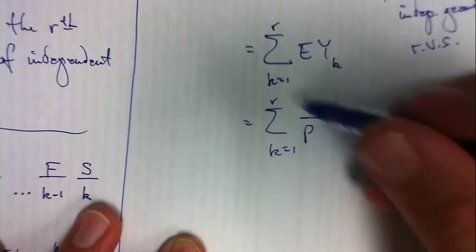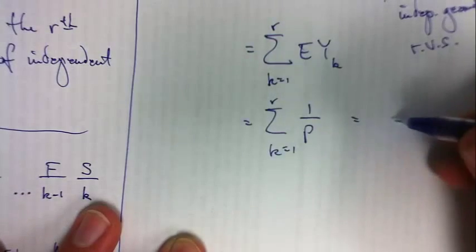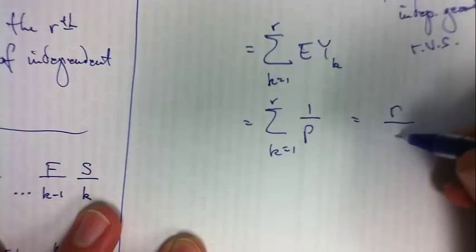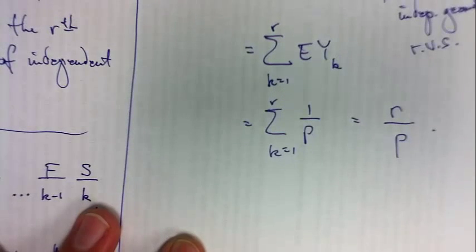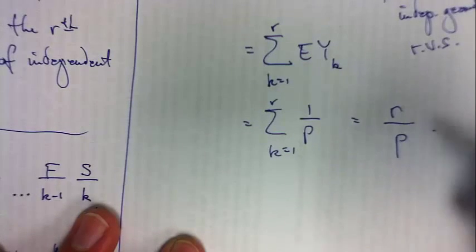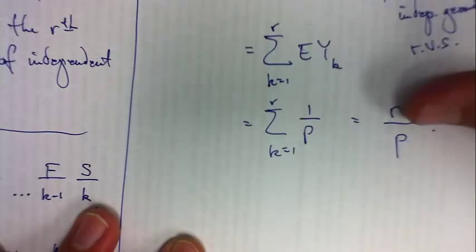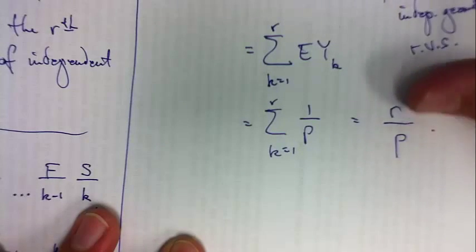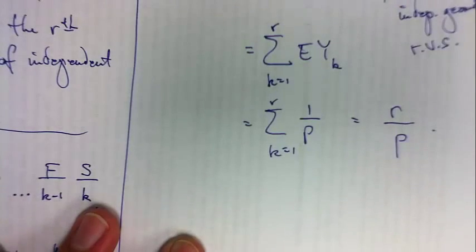And I'm summing up r of these things. So that's just r times 1 over p, or r over p. Simple, right? It's exactly what you'd expect. If r was 1, this would reduce to the geometric random variable, and you'd have a mean of 1 over p.